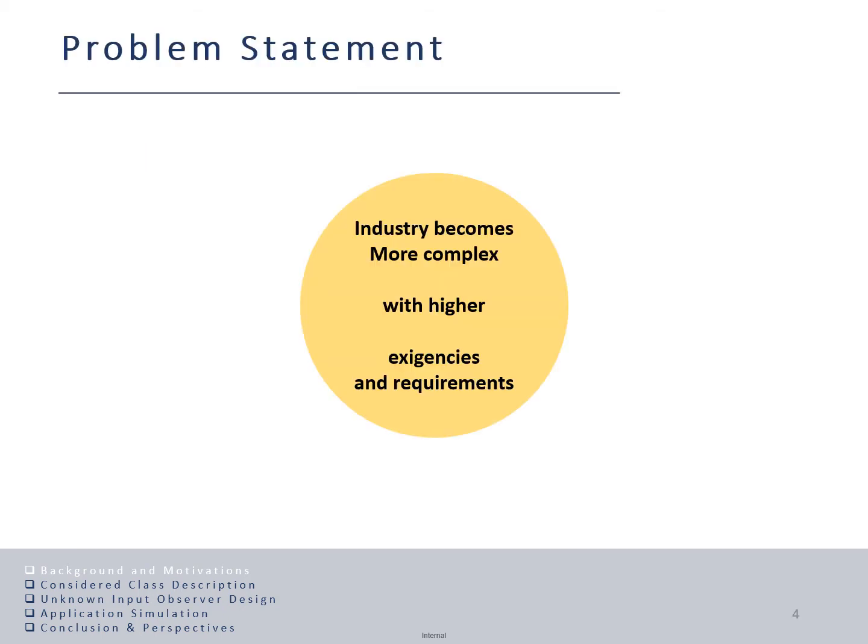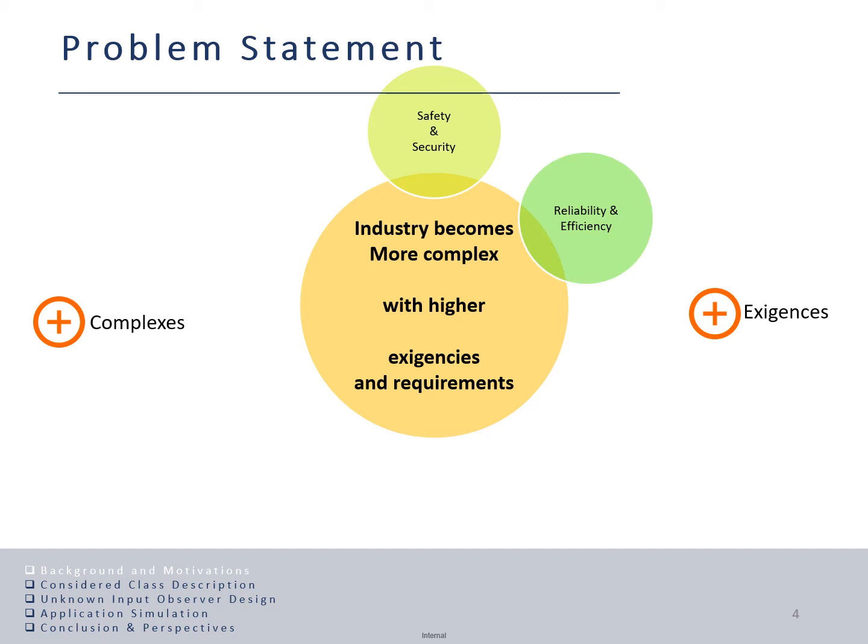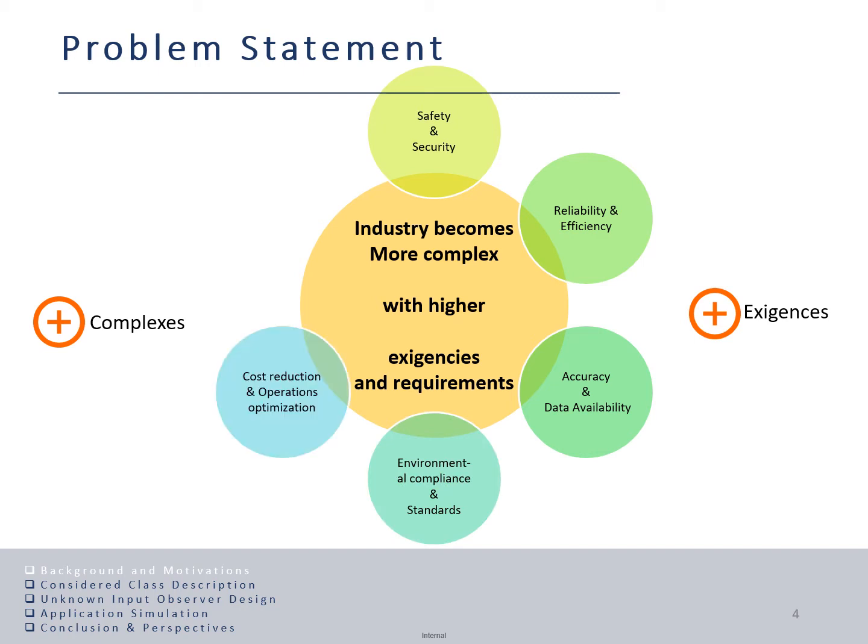We are living in a time of unprecedented rapidity of change and hyper-competitiveness in a global economy, where industries are either moving forward or falling behind. That is why industry becomes more and more complex with higher exigencies and requirements, mainly in the field of safety and security, reliability and efficiency, accuracy and data availability, environment and compliance with standards, cost reduction and operation optimization, availability and performance.